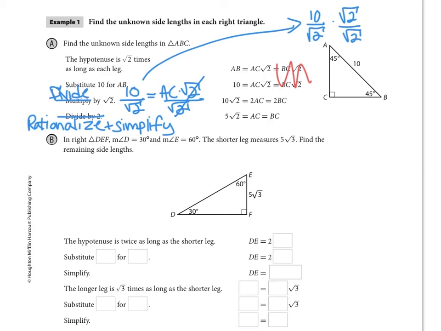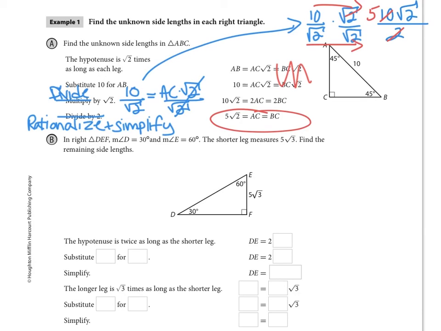Then, when I have a fraction times a fraction, I want to always multiply across, numerator times numerator and denominator times denominator. So I will get 10 radical 2, 10 square root of 2 if you will, divided by 2. And then what I mean by simplify, I mean, well, 2 goes into 10 5 times. So this final answer here is that AC and BC are both 5 times the radical 2.